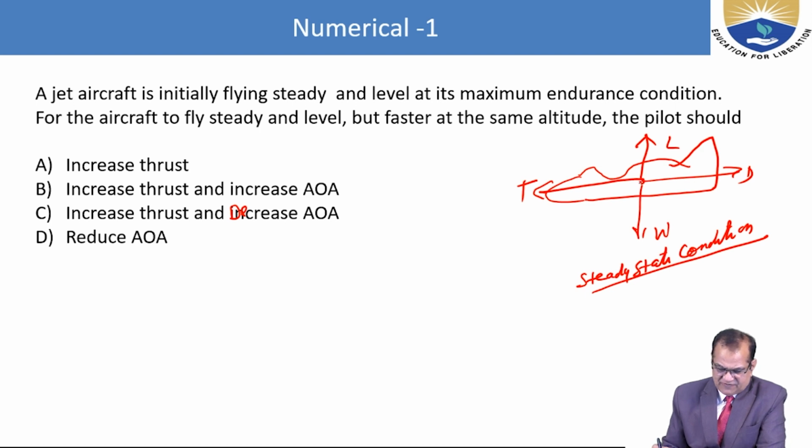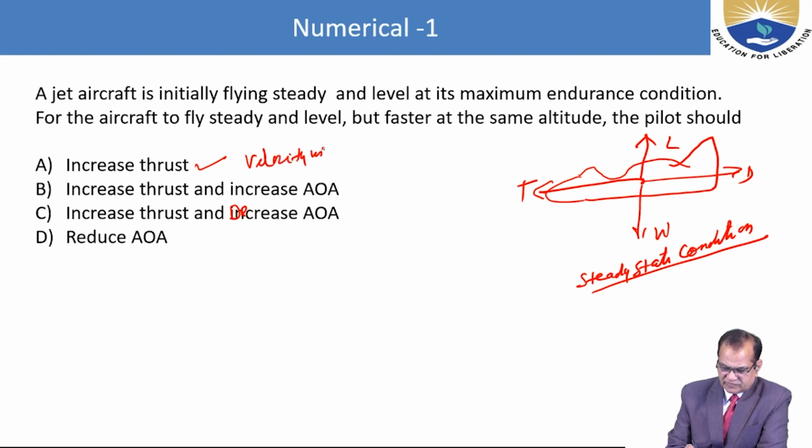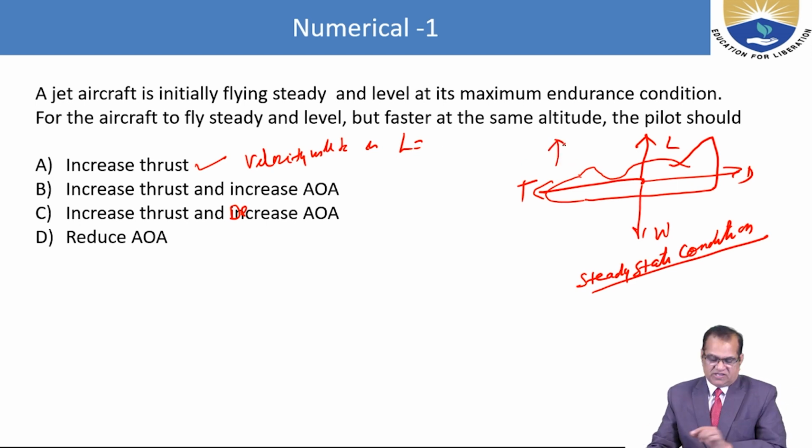If this aircraft is flying, we have to maintain the same altitude. If you increase the thrust, the velocity will be increased, so lift will be increased, so the aircraft will start going upward. In the first case, the aircraft will start going upward.